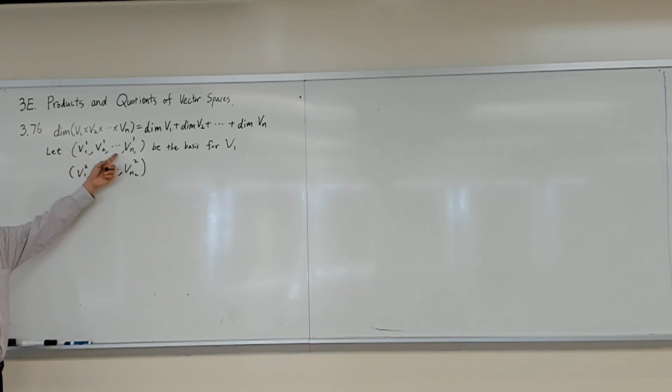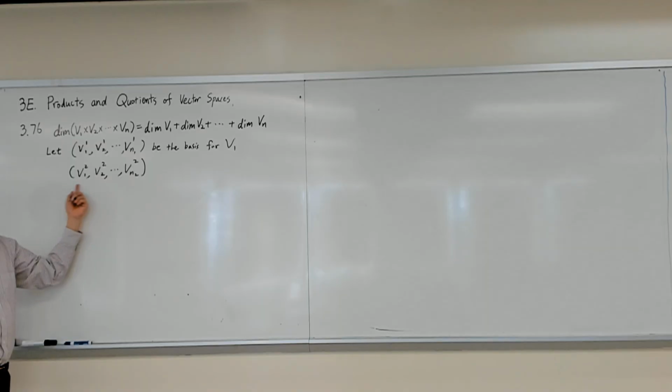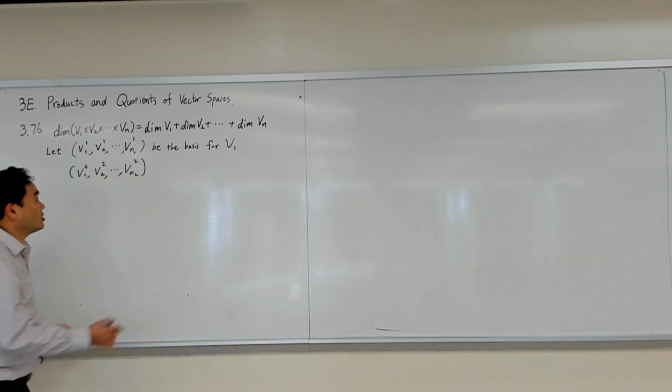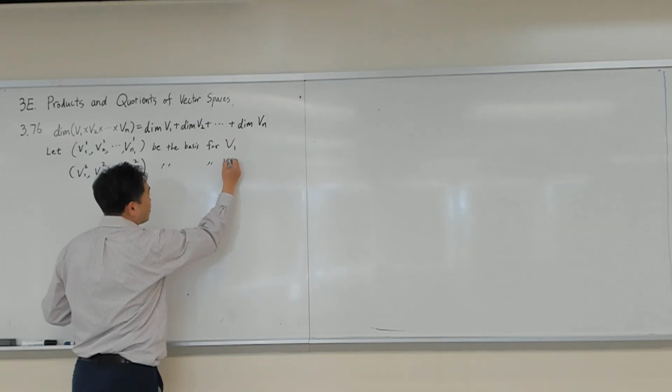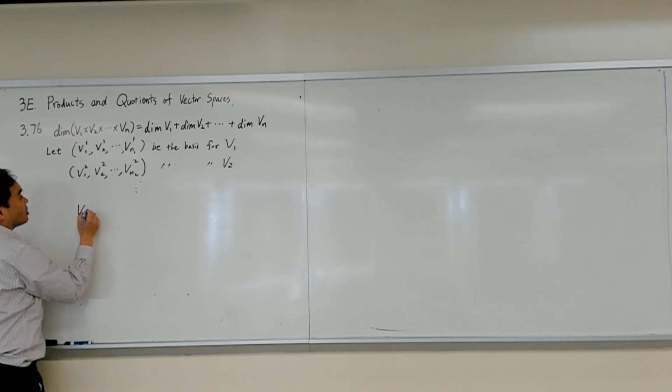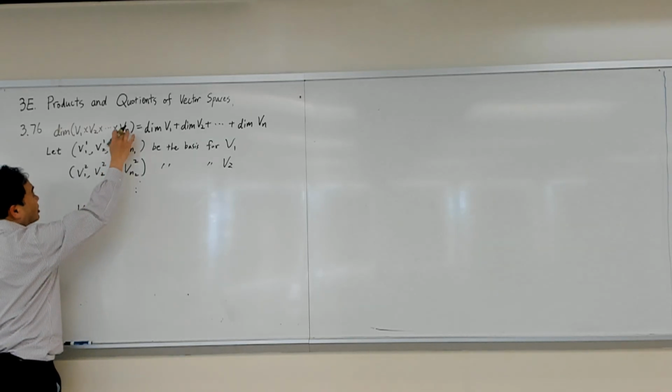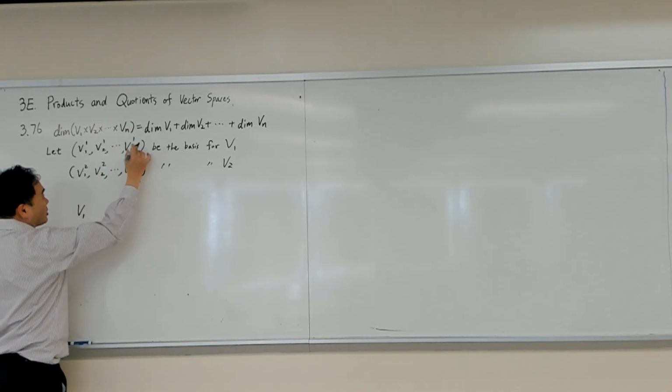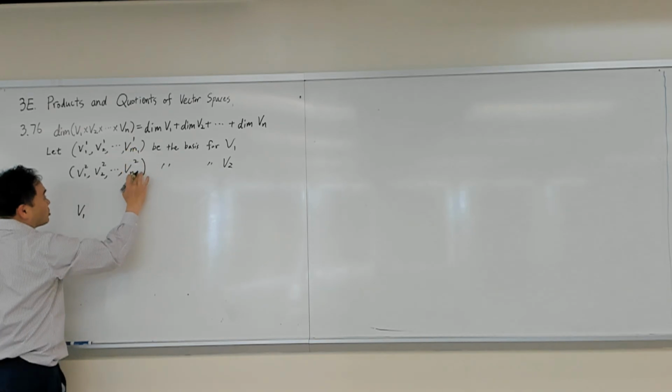So by writing like this, I'm really saying that the dimension of V1 is N1. And if I write like this, I'm saying the dimension of V2 is N2. Be the basis for V2, all the way down to Vn. I used N here, so I should really be using M, sorry. M1 and M2.